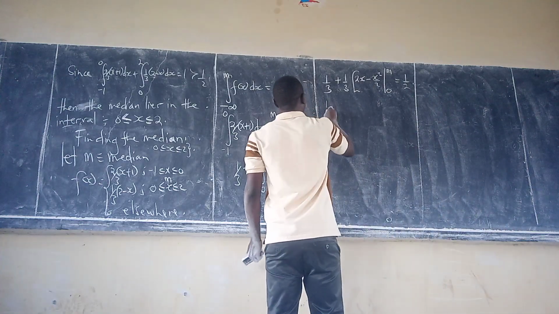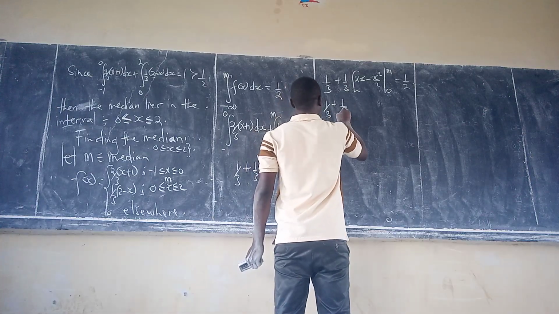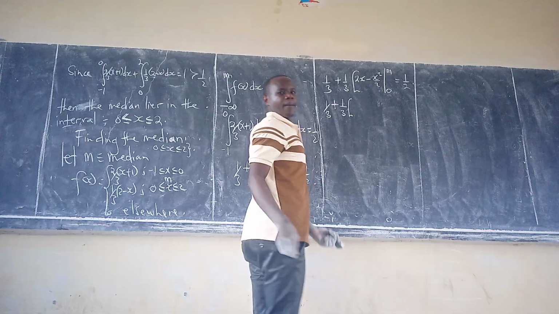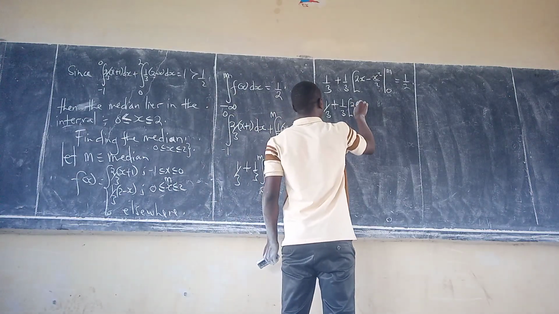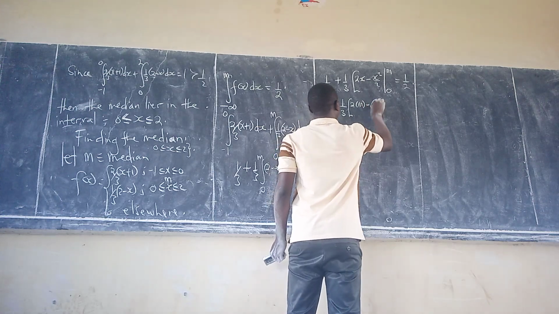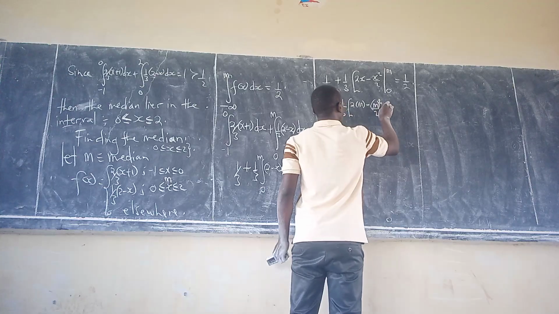So we are going to have a third plus 1 over 3 into, putting the upper limit, 2 times m minus m squared over 2.